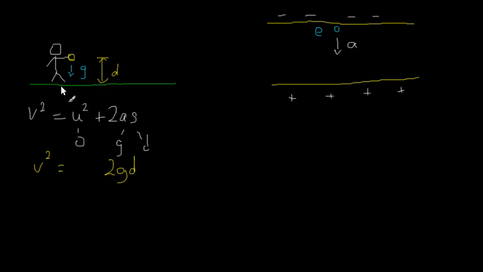And therefore, the velocity just before it hits the ground, meaning after it has traveled this height d, is v equals the square root of 2gd. So that's how we might calculate the velocity.